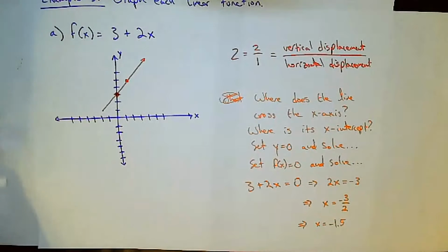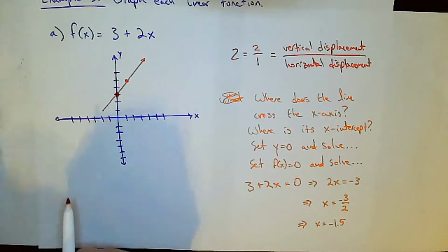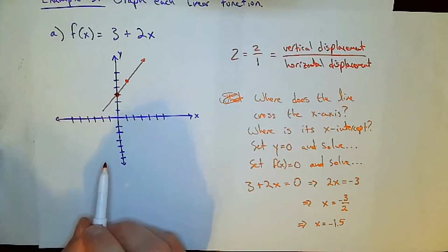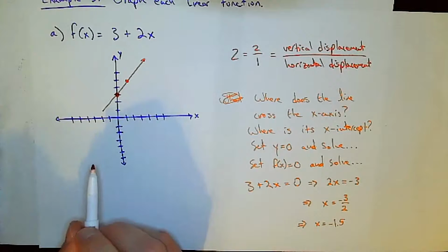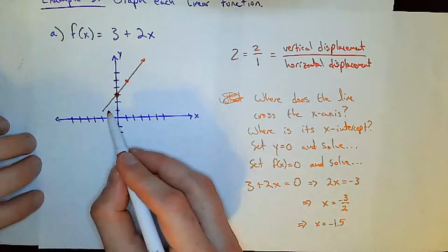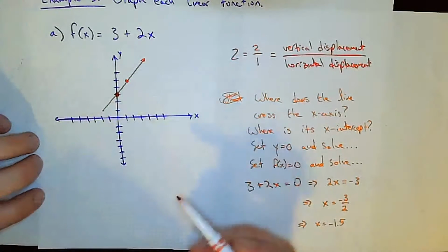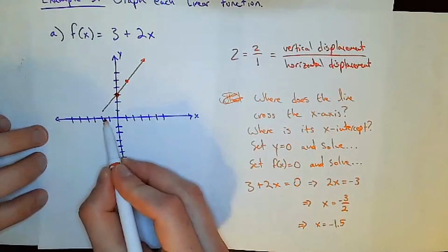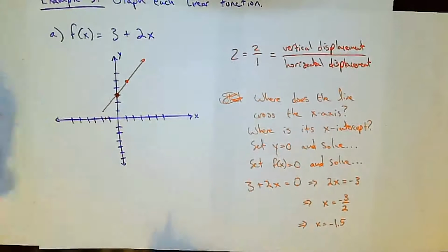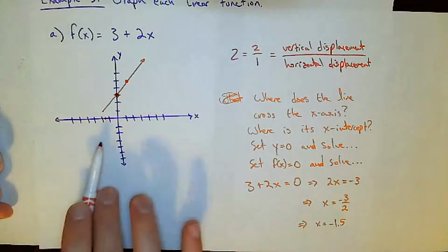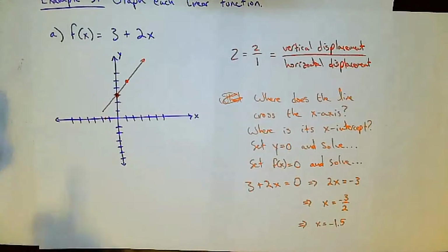So my line should end up going through right here, because that's where x equals negative 1.5. Everyone, my tick marks aren't right.